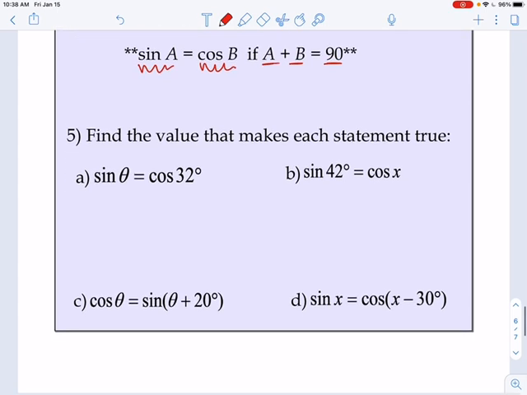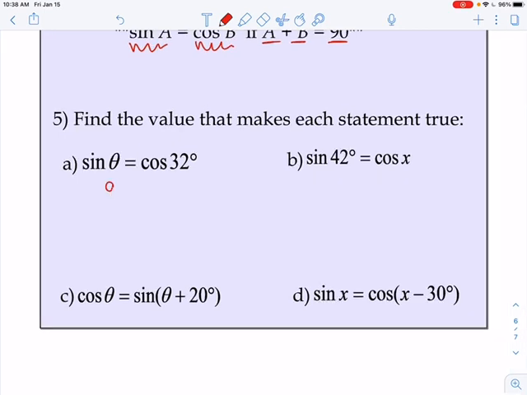So how would that help you in these questions? I want to find the value that's going to make each statement true here. So I want the sine of theta if the cosine is 32 degrees. All I'm going to do is take my 90 and subtract out 32, which means 58.